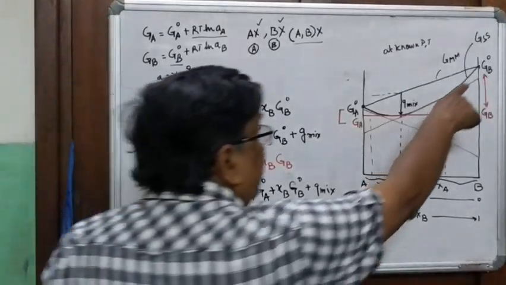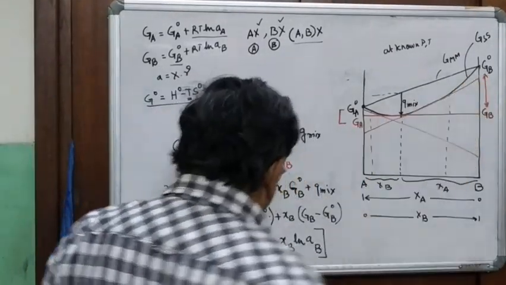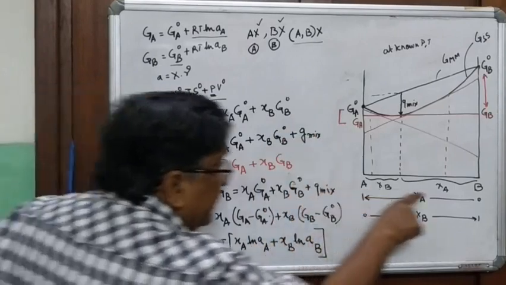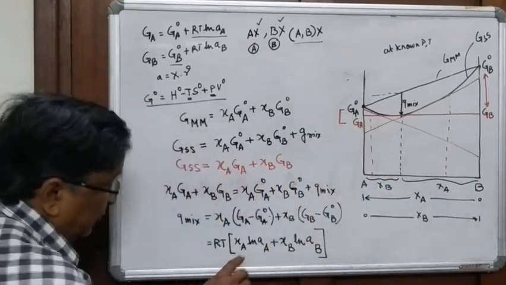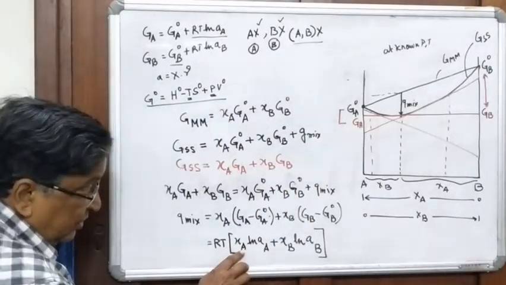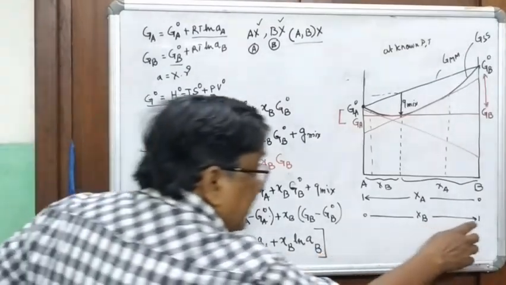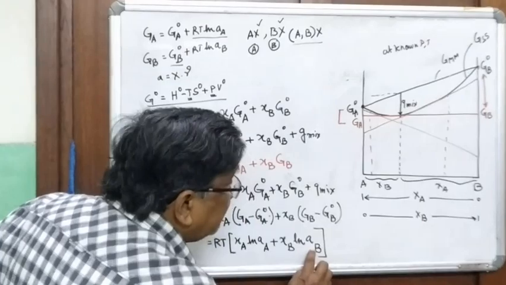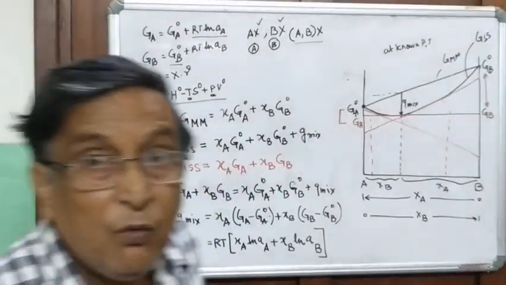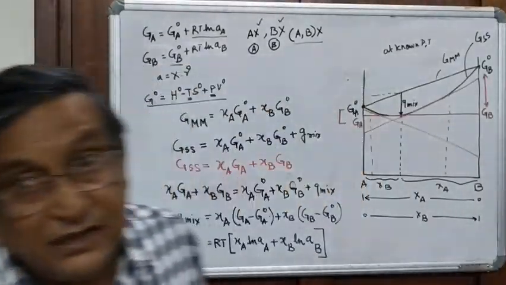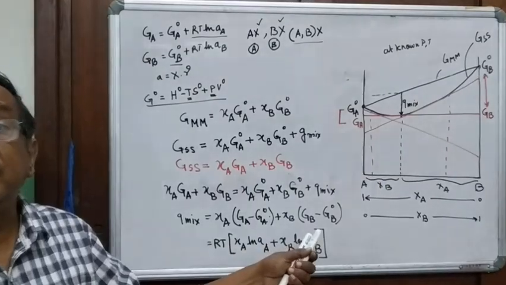Similarly, if you go to the B end member here, at the B end member XA is equal to 0, so this term vanishes. XB is equal to 1, yes, of course, but the activity of B is 1, so ln of 1 is equal to 0. Again you have 0.